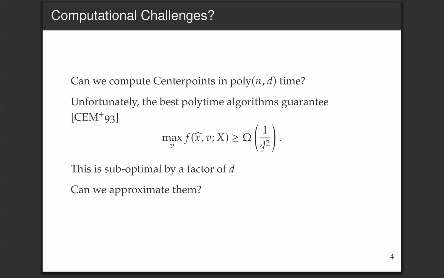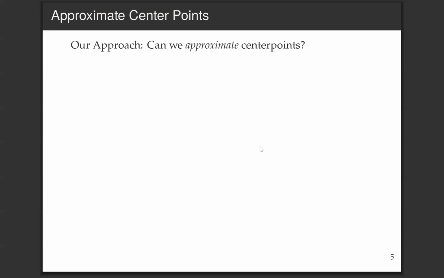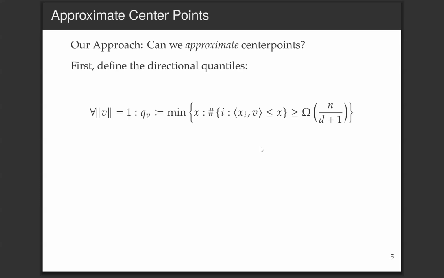And the approach that we're going to take in this talk is whether we can build a point whose approximate depth is 1 over d instead. And what is this notion of approximation? I'm going to define it now. To define this notion, we're going to start by defining these directional quantiles that I'm going to denote with Q_V.